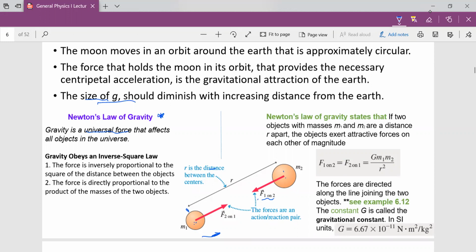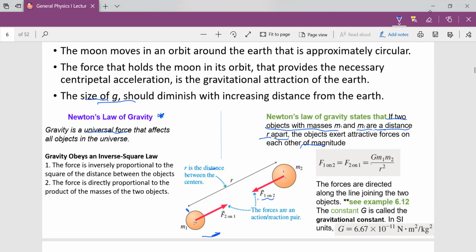Okay. So therefore, we want to define Newton's law of gravity as the law that states that if two objects with masses m1 and m2 are a distance r apart, the objects exert an attractive force on each other with the magnitude F equal to G m1 m2 over r squared.